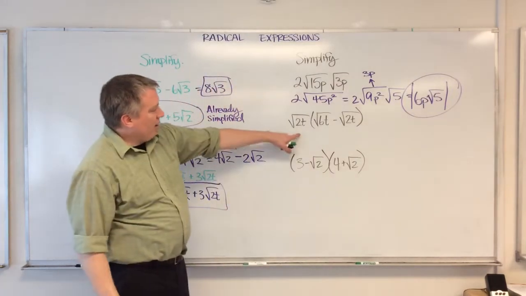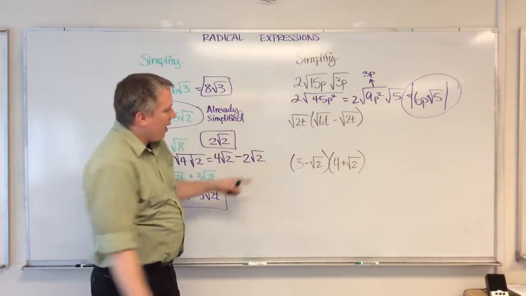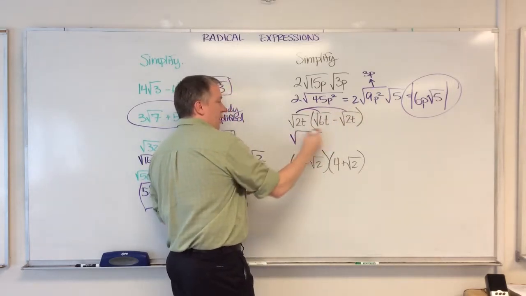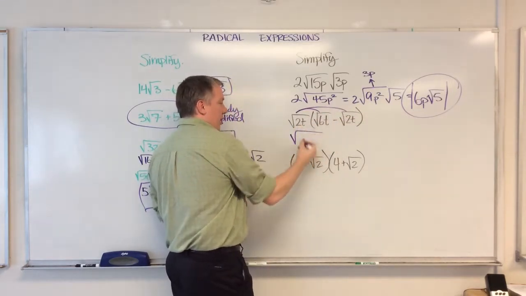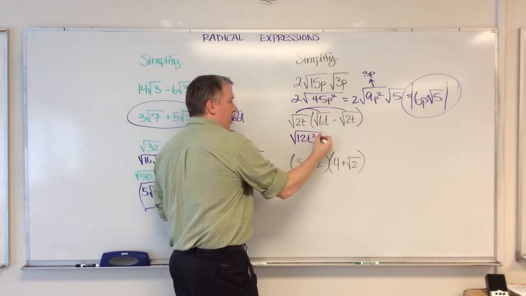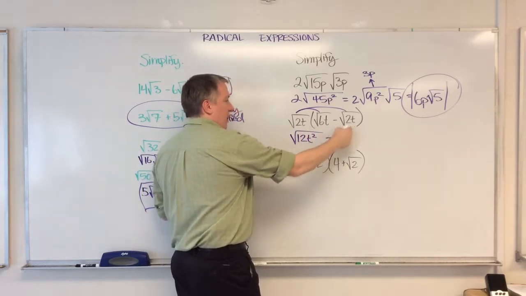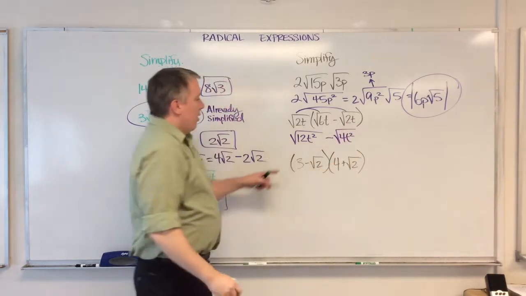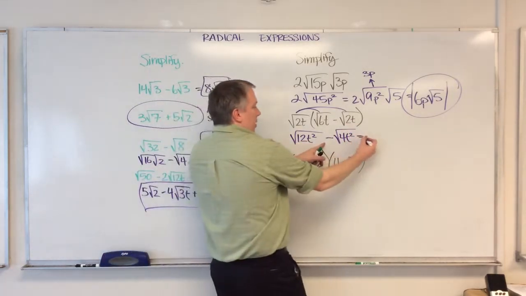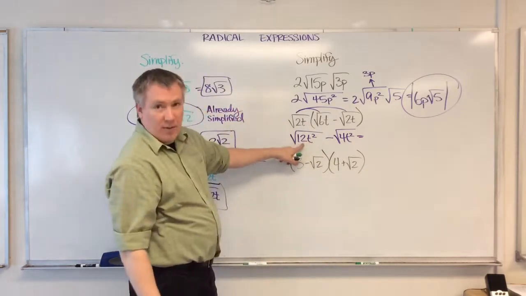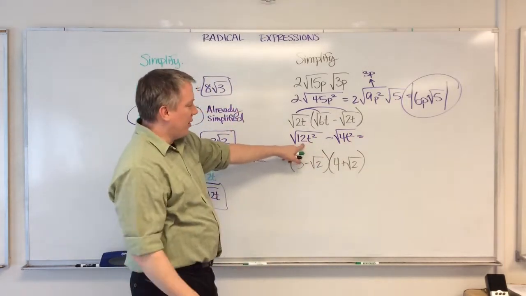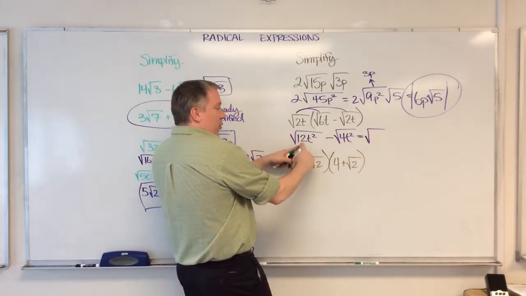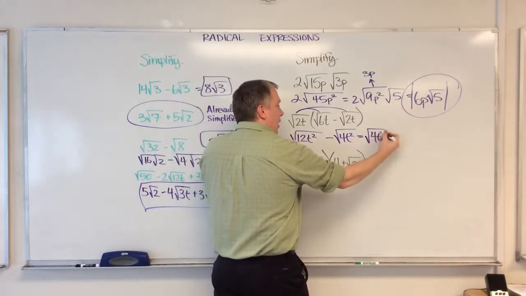Here I have something that I have to distribute, and again multiply outsides by outsides, insides by insides. So multiplying this to the inside is 12t squared, minus multiplying that to the inside is 4t squared. Now I'm going to break this apart. I'm going to simplify this relatively quickly. A number going inside of 12 is 4, and t squared I can take the square root of.